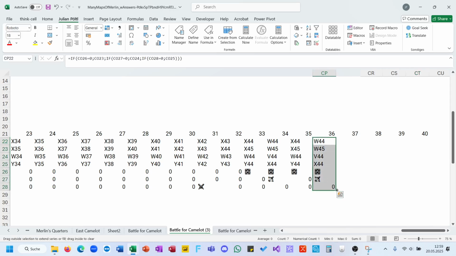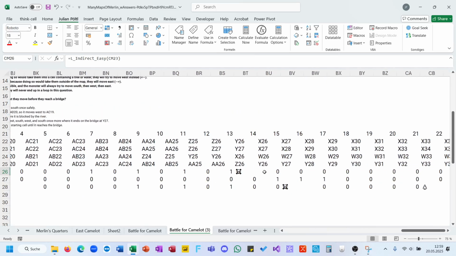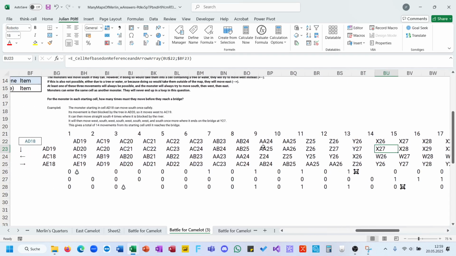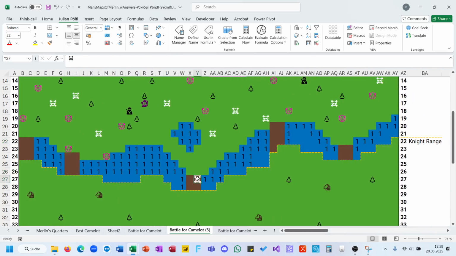Yeah, let's try 40. Okay, 14, I'm at Y26. Okay. But I want to be at Y27. Because here's a monster. Yeah, okay.